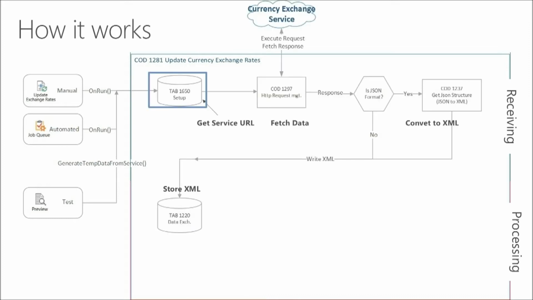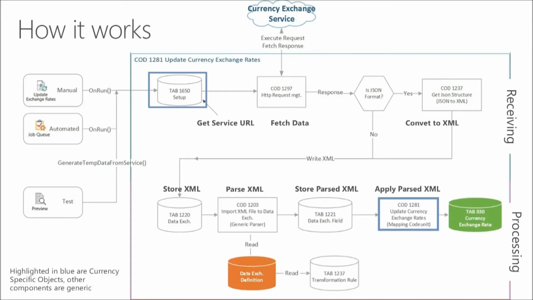When the user starts the action, we will invoke the codeunit called update currency exchange rates. Then from the setup table, we are going to read the URL. We will fetch the data. Then the question is, is it in JSON format or not? If it is in JSON, we have to convert it into XML. And then we land it into the data exchange table. The data exchange table is only able to accept XML or comma-separated files.